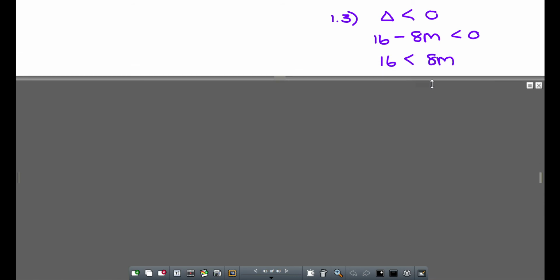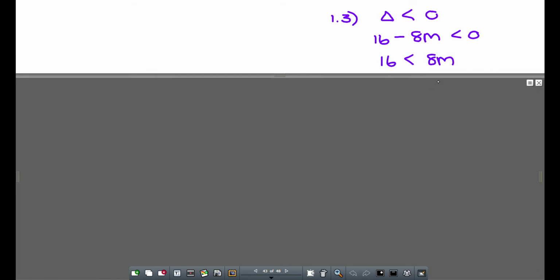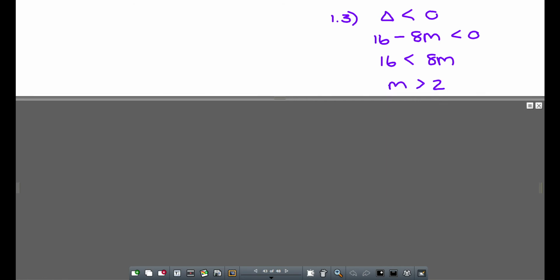Dis wanneer ons mos 'n minus binne in ons wortel het, nee, dit kan nie gebeur nie, it's imaginary. Okay, so delta must be less than 0, so I make that equal. Julle kan nou nie sien agter daai recording sign nie. So 16 minus 8m is kleiner as 0. Then we take the 8m over, so 16 is less than 8m, which means that m will be greater than 2.